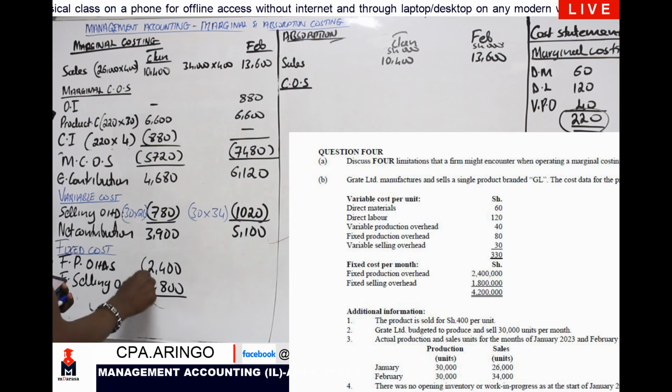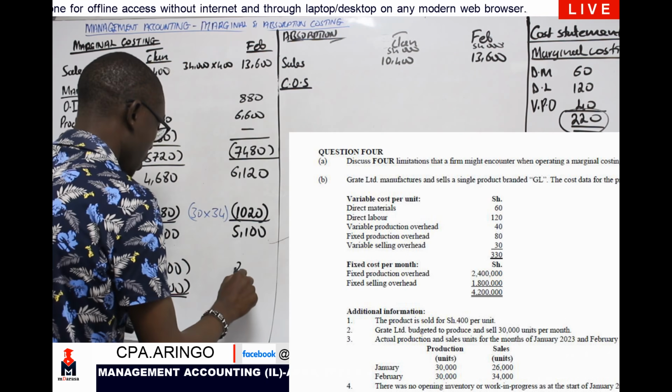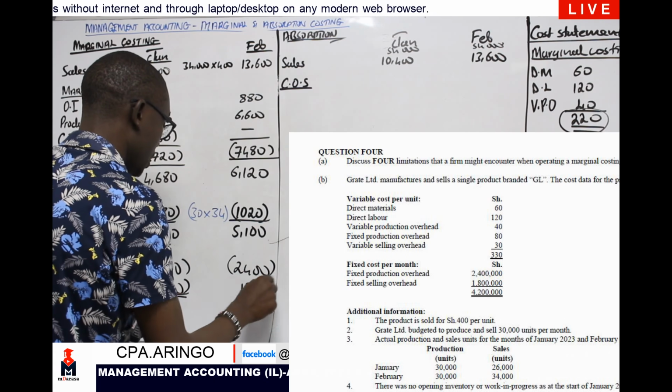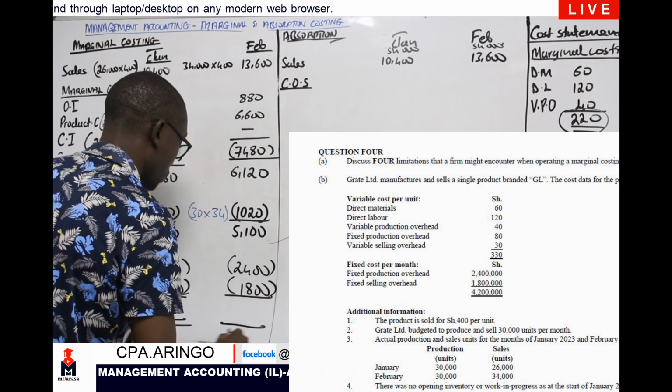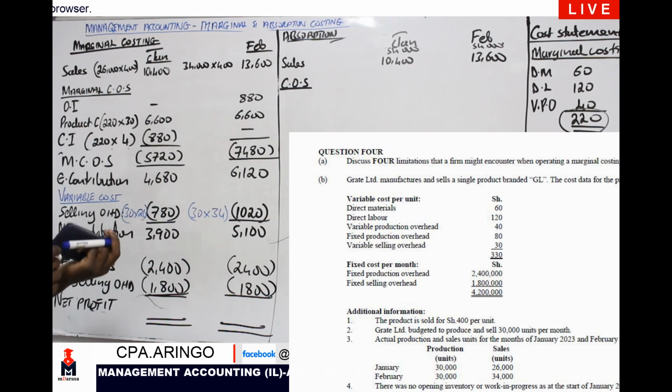Having all this, we can comfortably say these were fixed, so they were constant in all the months. Therefore, what will my net profit be? I'm having our net profit to be 3.9 minus 2.4 minus 1.8.